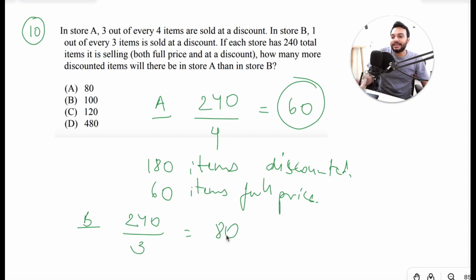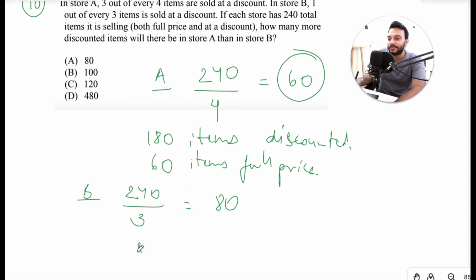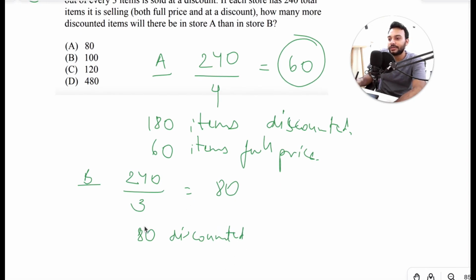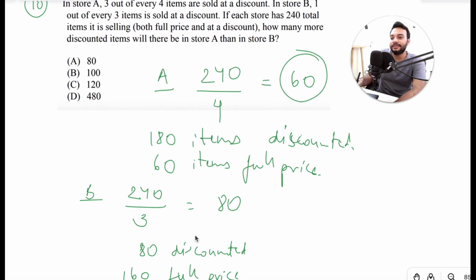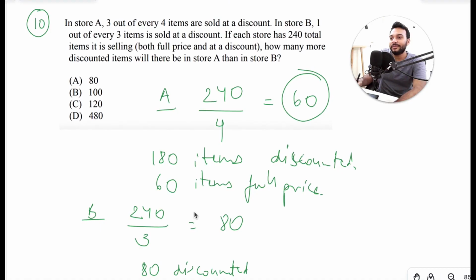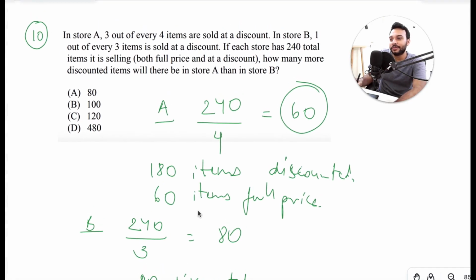So 80 discounted items, and the leftover 160 are full price, because that's 80 times 2. So 80 discounted in store B, 180 discounted in store A. 180 minus 80, because how many more discounted items in A than B? So that's 100. Option B. That's the correct one. Okay. Let's go for the next one.